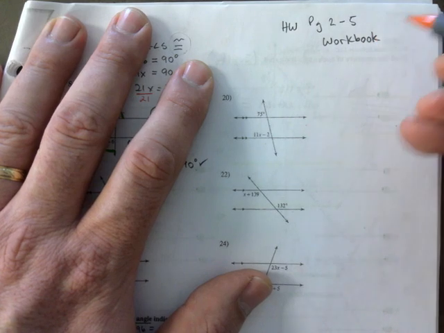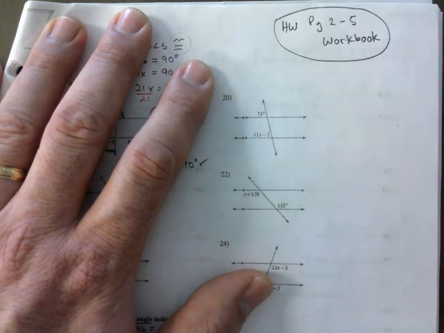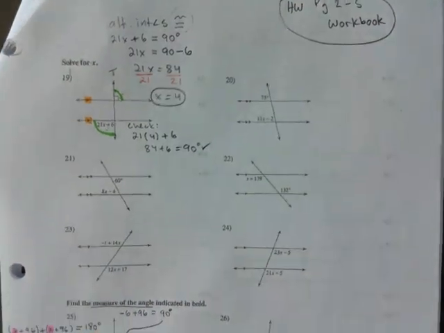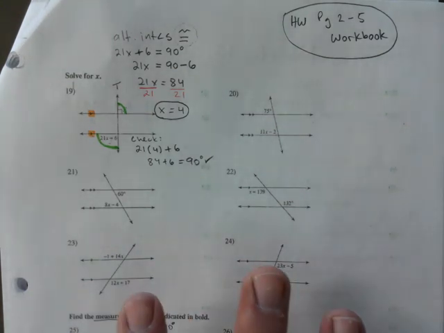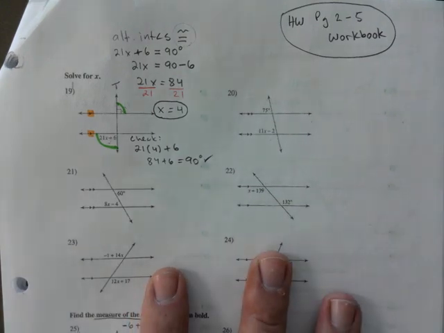I will post the entire key to the whole thing. Some of you already did pages 4 and 5, so really just focus on doing some more of these. And page 2 is basically just reviewing what you've been doing earlier today. Okay.